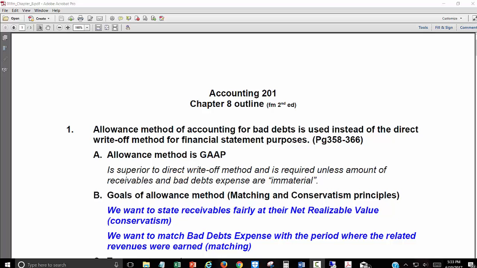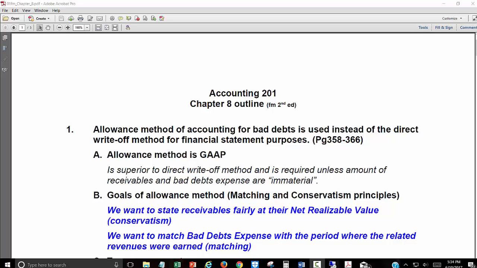Not all accounts receivable will be collectible. To deal with this reality, accountants estimate the amount of accounts receivable they think will be bad in the future and count them now as an expense of doing business.